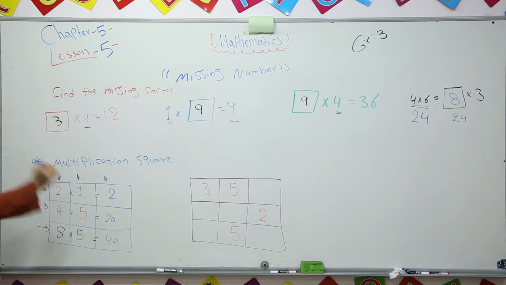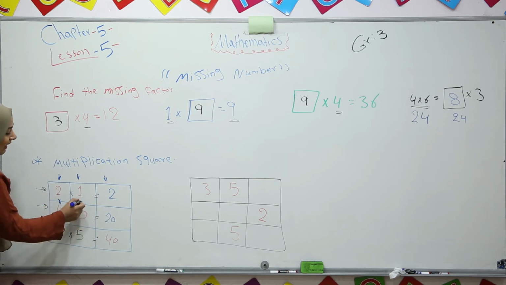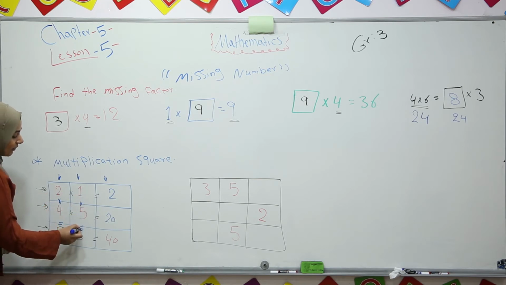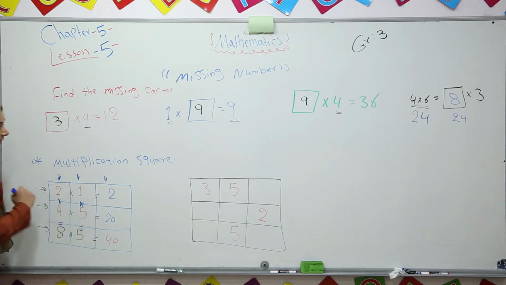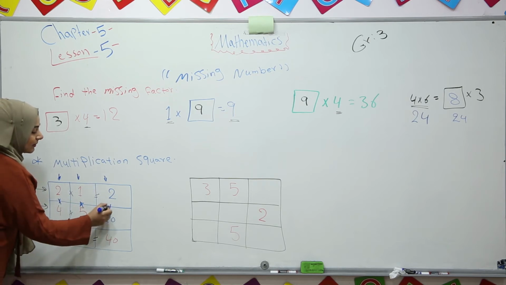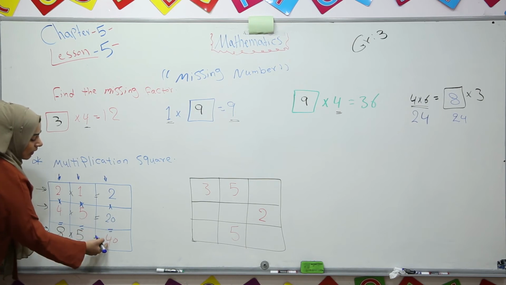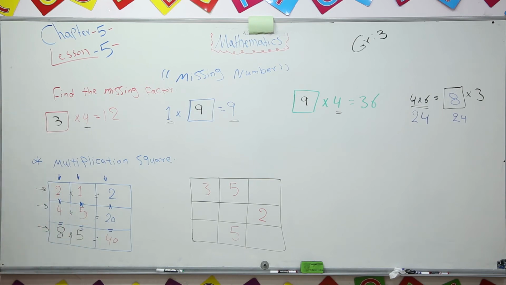If we do it by columns, again, the first and second number are multiplied together, and the third number in each column is the answer, okay? 2 times by 4 equals 8. 1 times by 5 equals 5, okay? 2 times by 20 equals 40. Now we understand how this multiplication square is solved, okay?